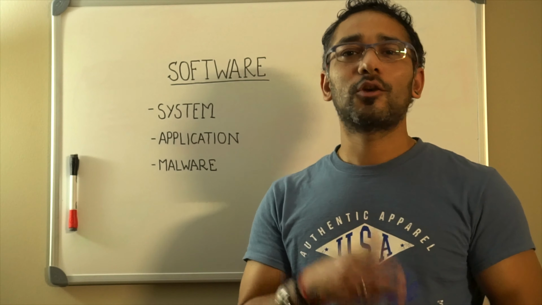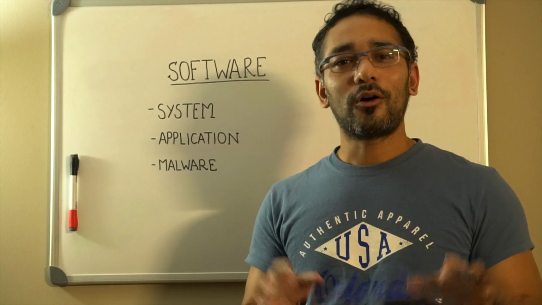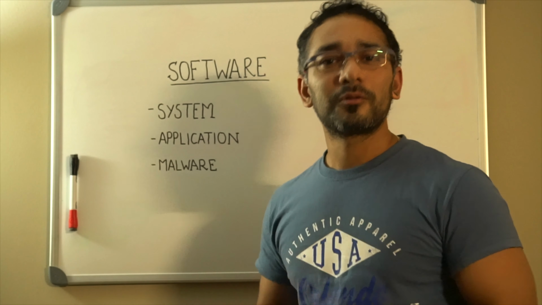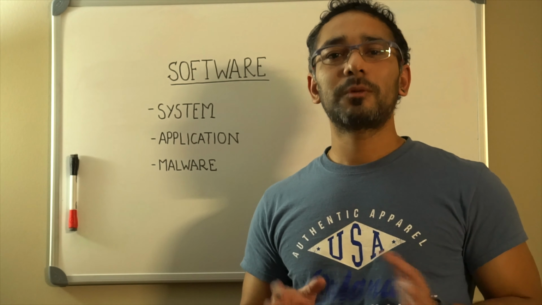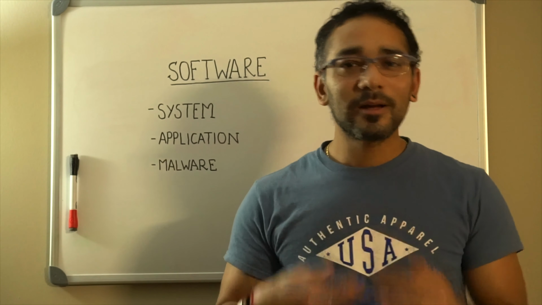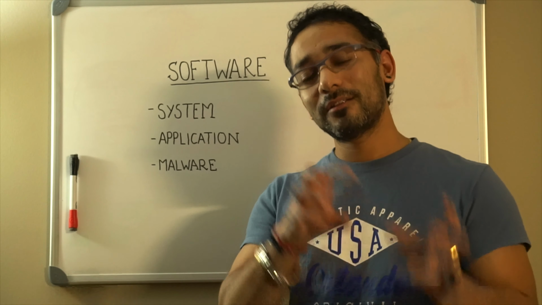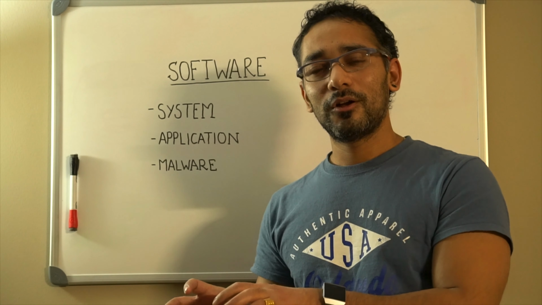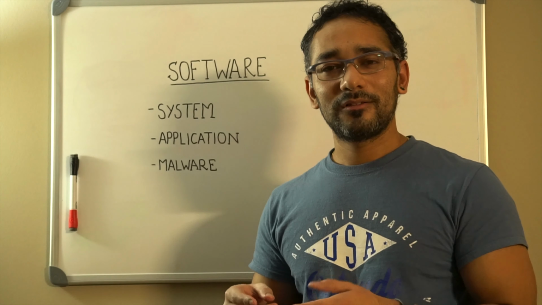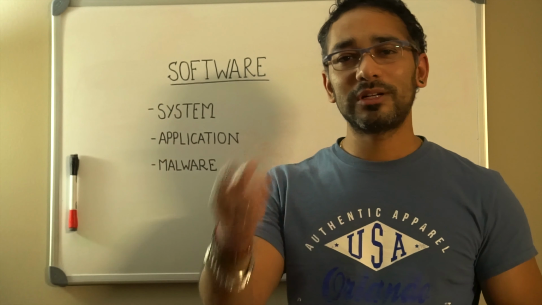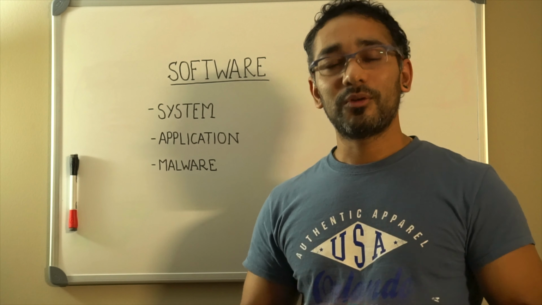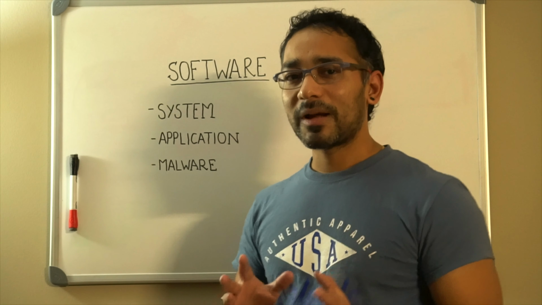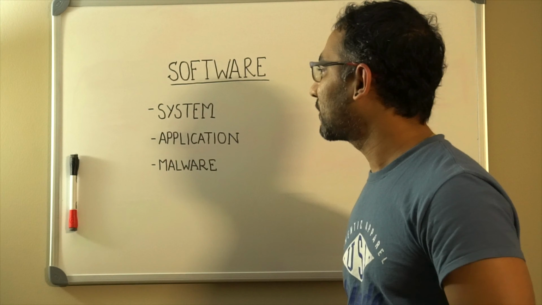So utilities, your operating system, and the drivers are all part of the system software. As a whole, system software enables the computer to perform well, even to run different software on top of it. System software is responsible for telling it how to run the other software on the computer. This is the primary job of system software.